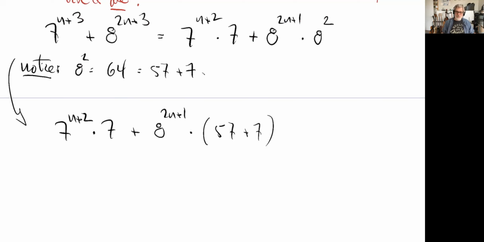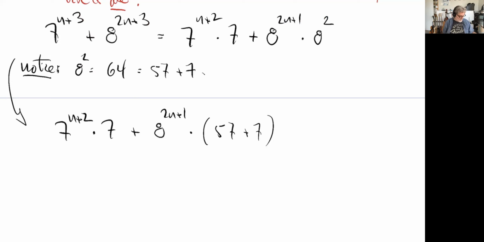And at this point, if I gave that to you in this form, I would think from here on in, it's a fairly easy problem. I want to show that 57 divides this, knowing that 57 divides 7 to the n plus 2 plus 8 to the 2n plus 1.